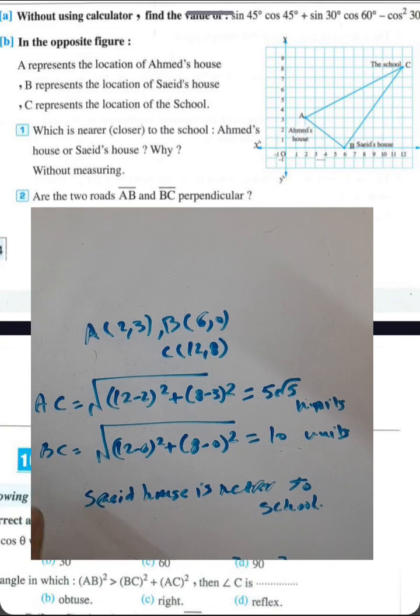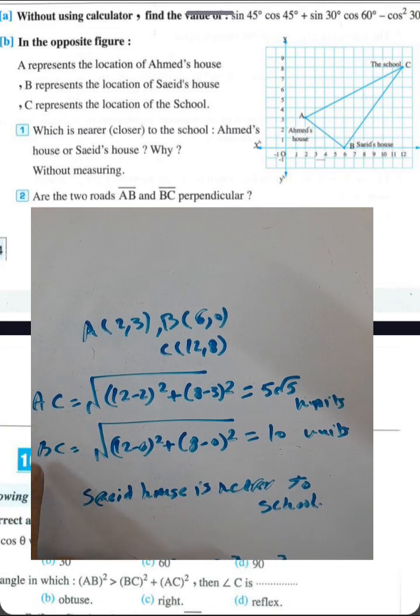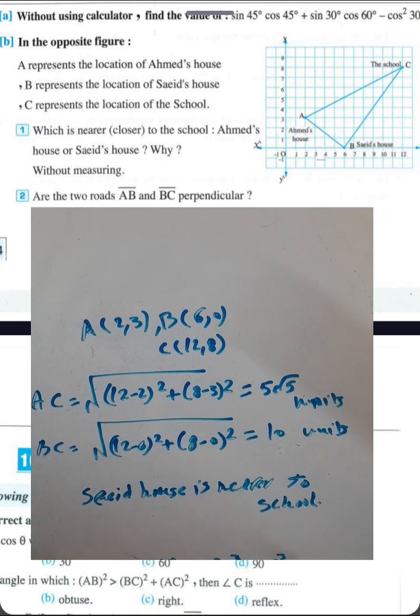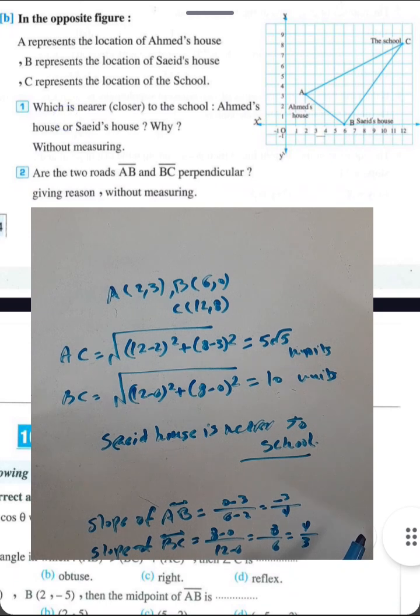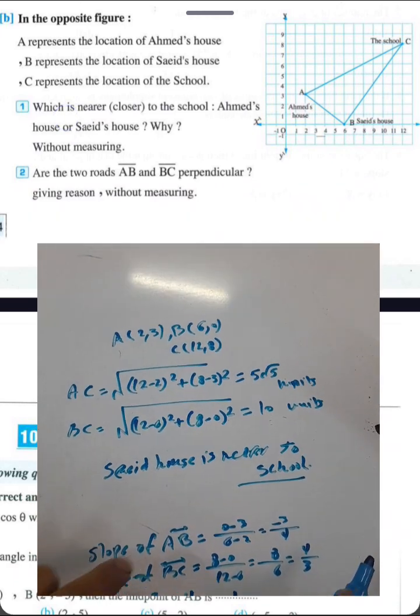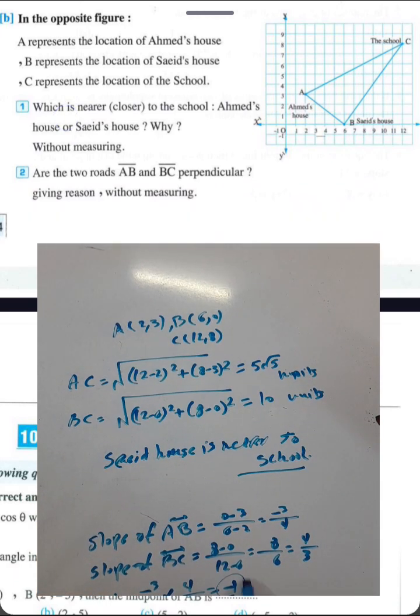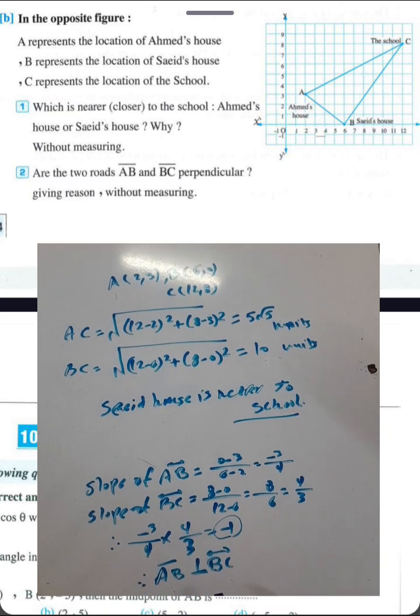We can compare between AB and AC and BC. Then Said's house is the nearest to the school. And the next question, we have AB and BC. The slopes of AB and BC, the product between them equals -1, then they are perpendicular.